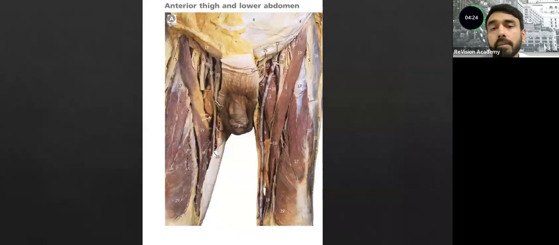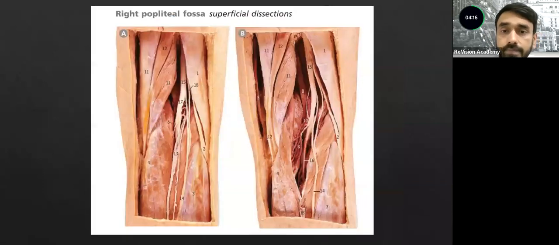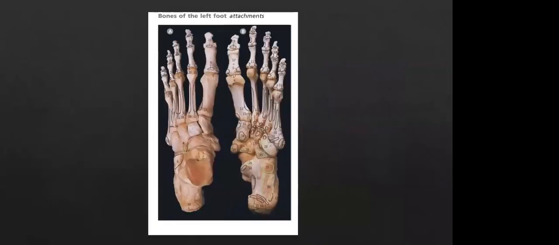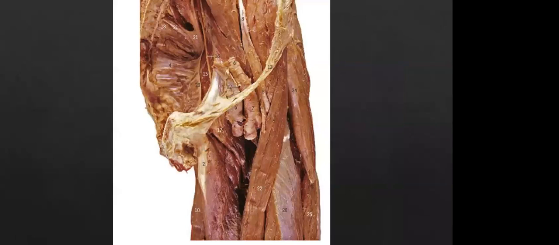Can you please tell me the boundaries of the triangle as well as the contents? The femoral triangle: superiorly the inguinal ligament, medially adductor longus, and laterally sartorius. The floor is pectineus.